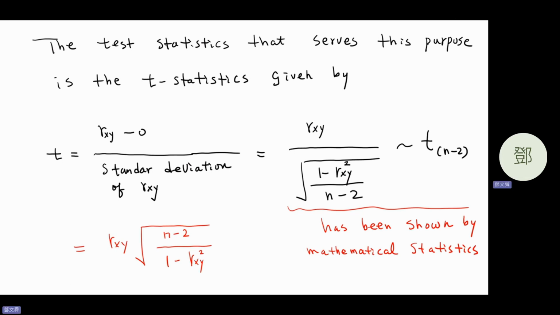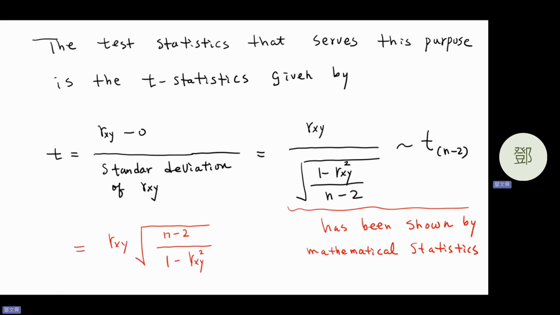Now we know we will use this to test the true value of rho. But to perform a test, we need the distribution and the table.